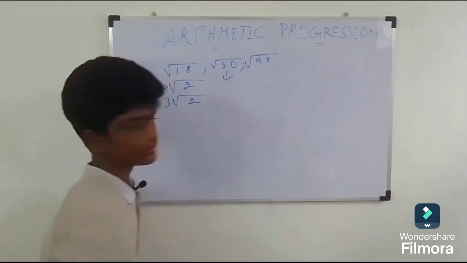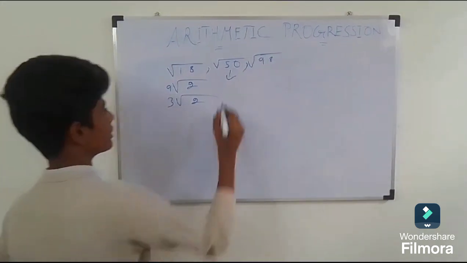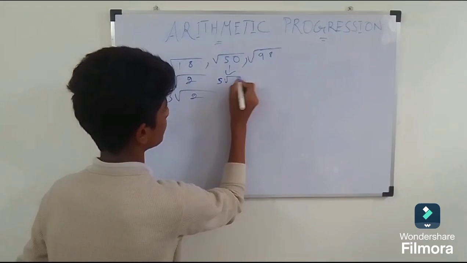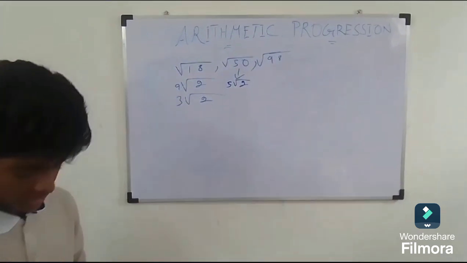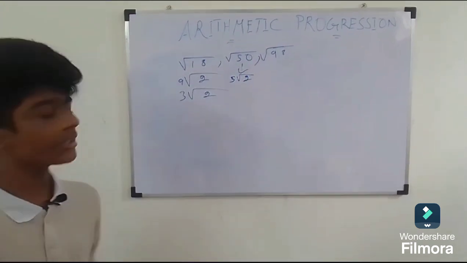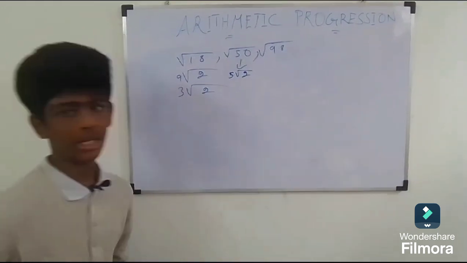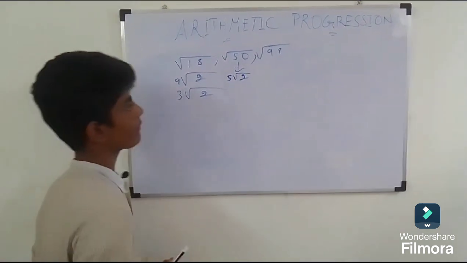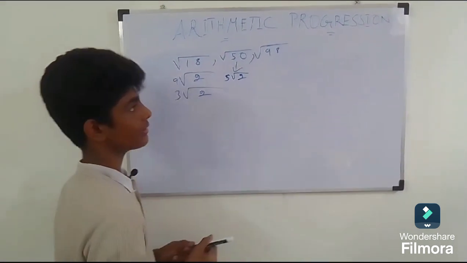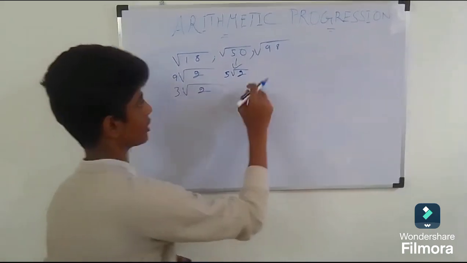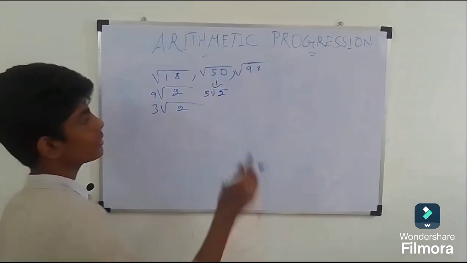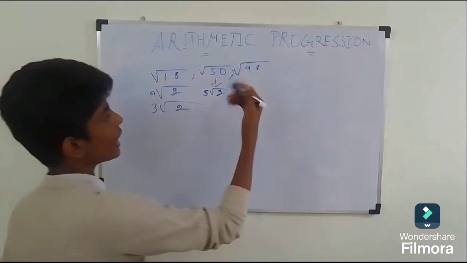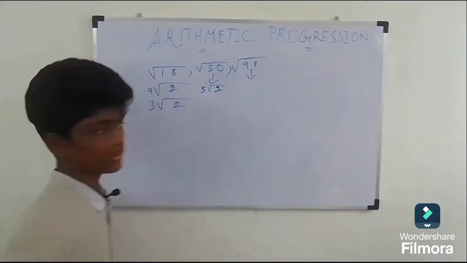What's for 50? It's 5 square root 2, because 5 10s are 50 and 2 5s are 10. So we get 5 square root 2 as a simplified version of the square root of 50. And what do you get for 98?